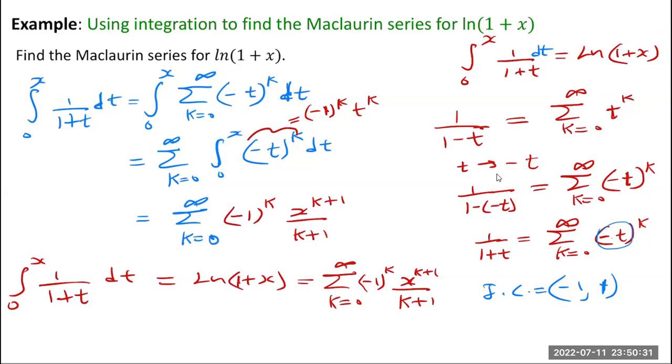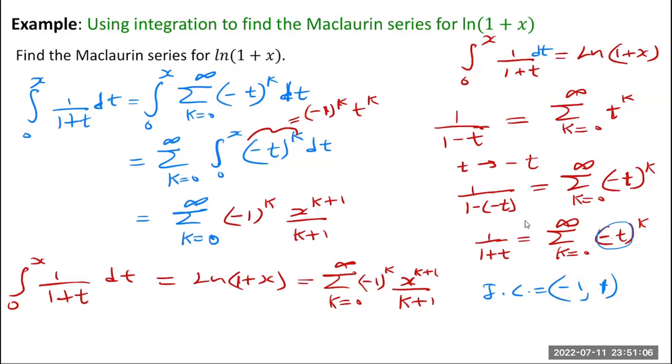So now how do you find the interval of convergence? Remember, the interval of convergence of the earlier series was minus 1 comma 1. To find the interval of convergence of this series, you need to analyze the endpoints, because the interval includes the open interval minus 1 comma 1, but you need to analyze what happens at the endpoints.